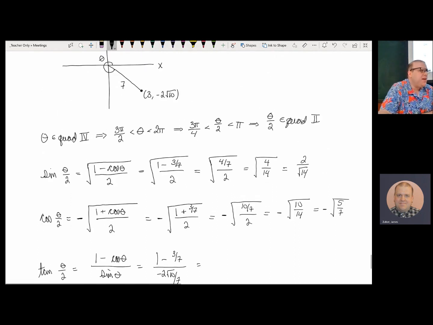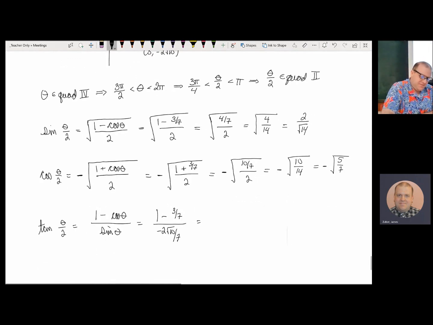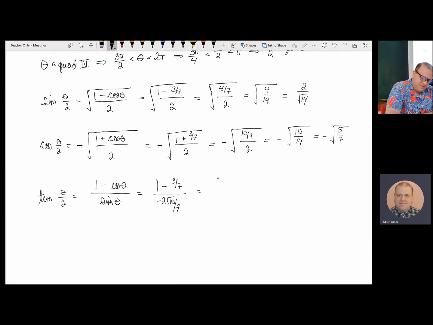Sine would be negative 2 root 10/7, right? Negative 2 over root 10.